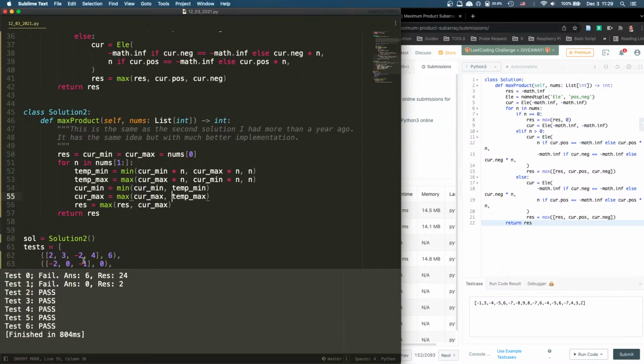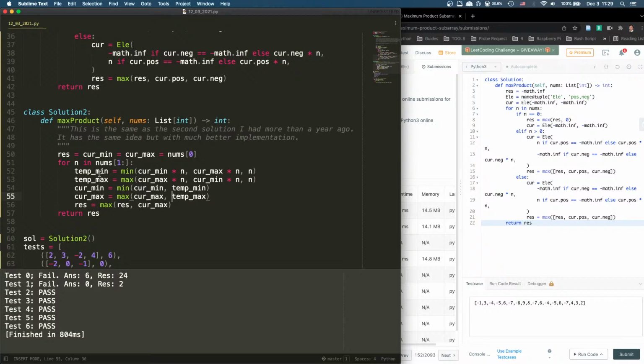So temp min equals current min is 6, current max both are 6. That's a negative 2. And current max is negative 12, and minus 2. So temp max shall be minus 2. So I'm going to do current max, right?